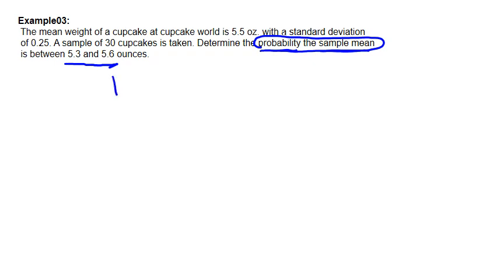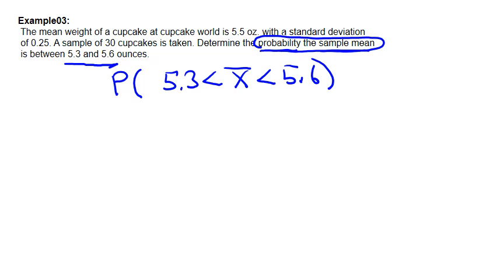But here's the question: the probability that X bar is between 5.3 and 5.6. Now, the mean is the population mean, but the standard deviation is for X bar, which is 0.25 divided by the square root of 30.